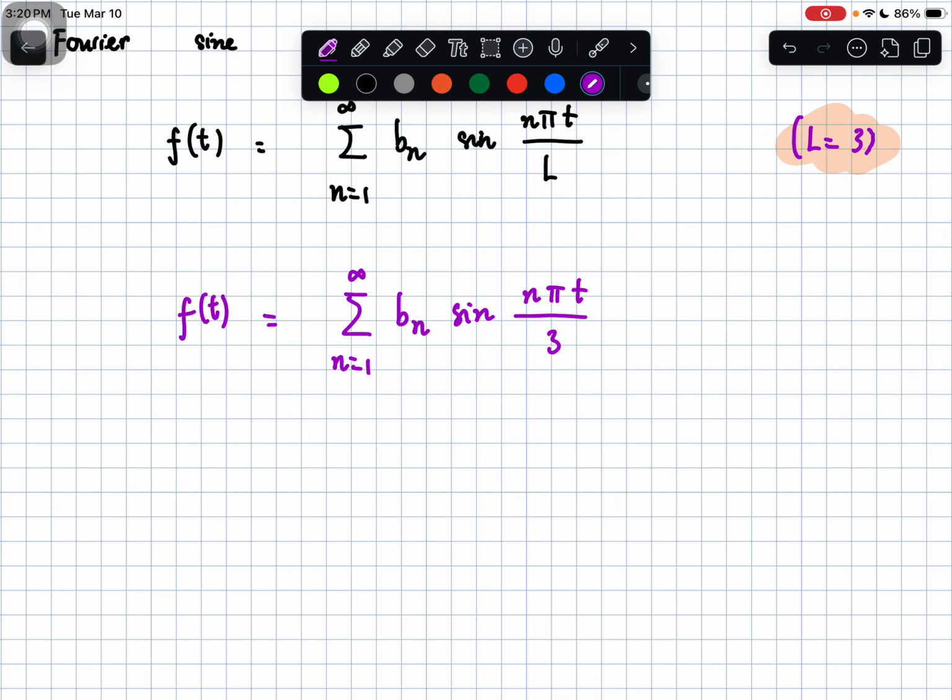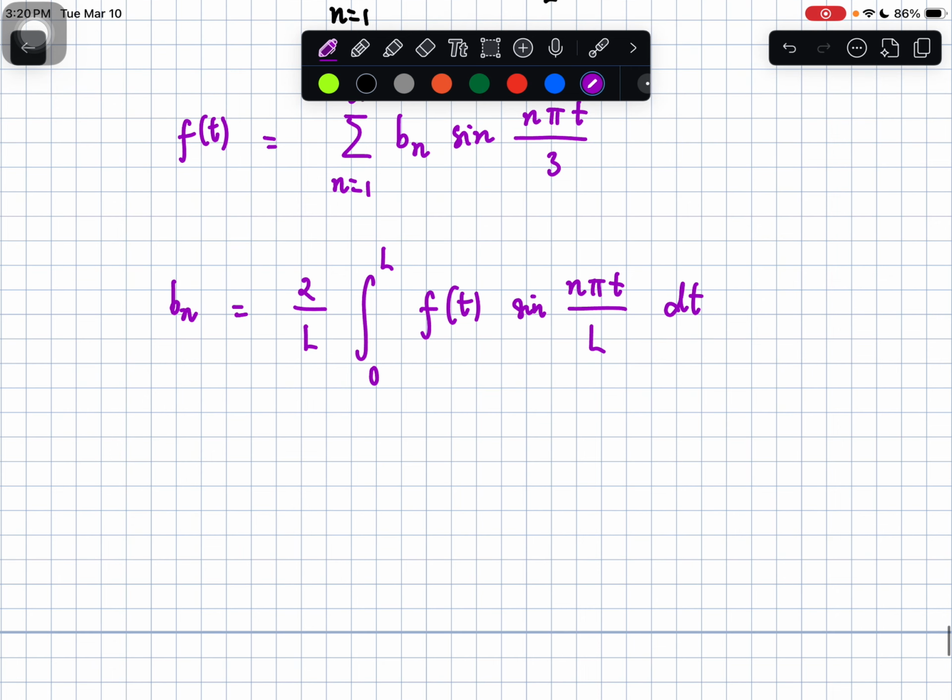Now we need to compute bn. bn is computed as 2 over L, and I write the general formula first, integral from 0 to L of f(t) sine n pi t divided by L dt.